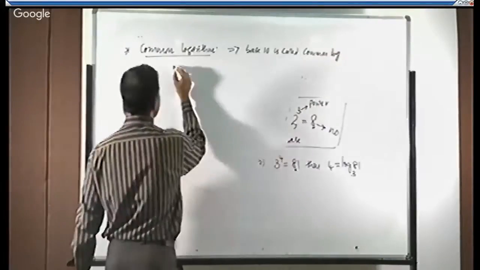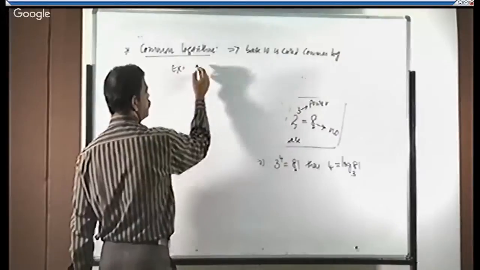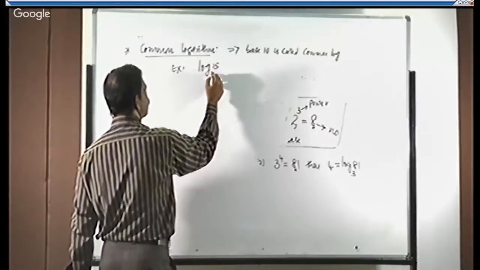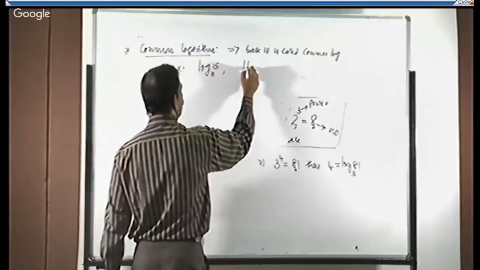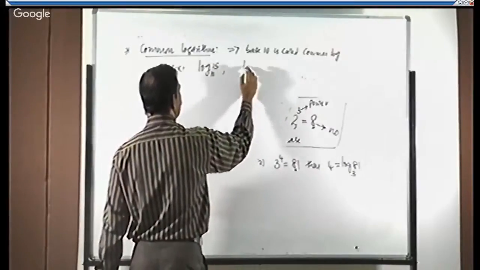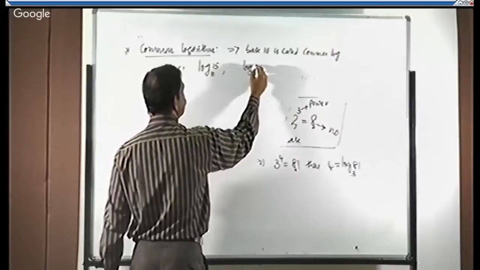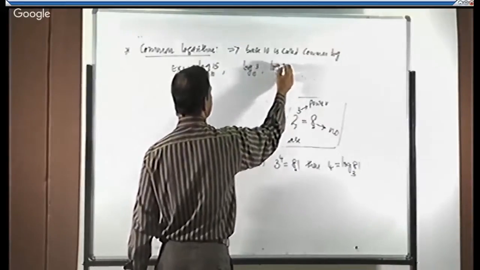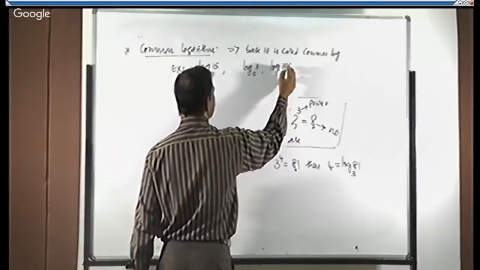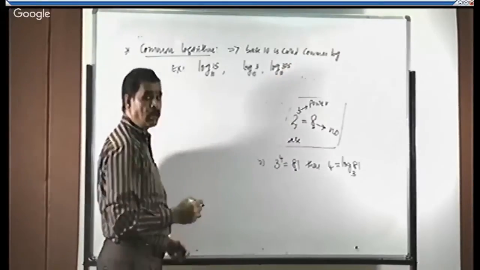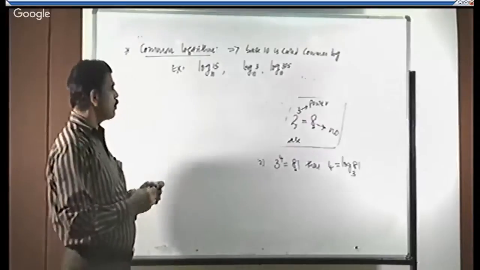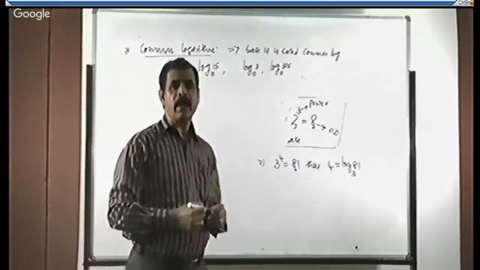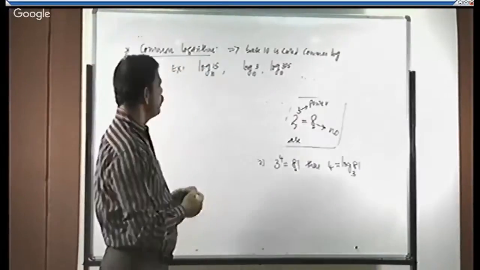See the example. Log of 15 to the base 10, log of 3 to the base 10, log of 305 to the base 10. They're all common logarithms. This was invented by Henry Briggs.